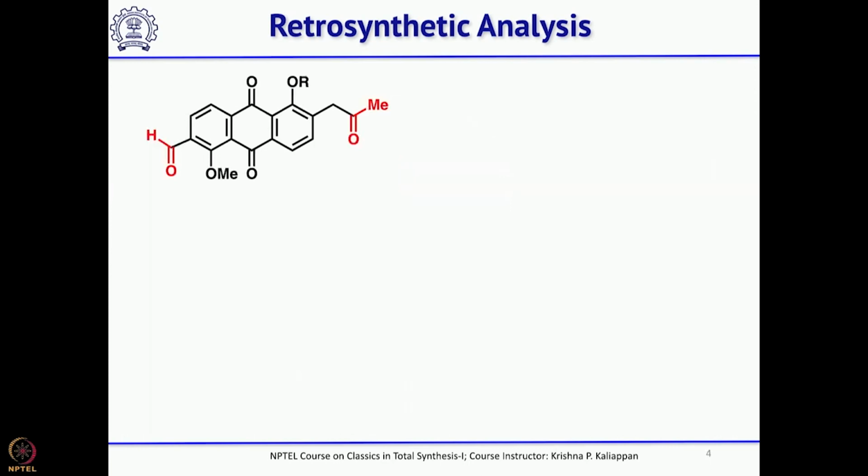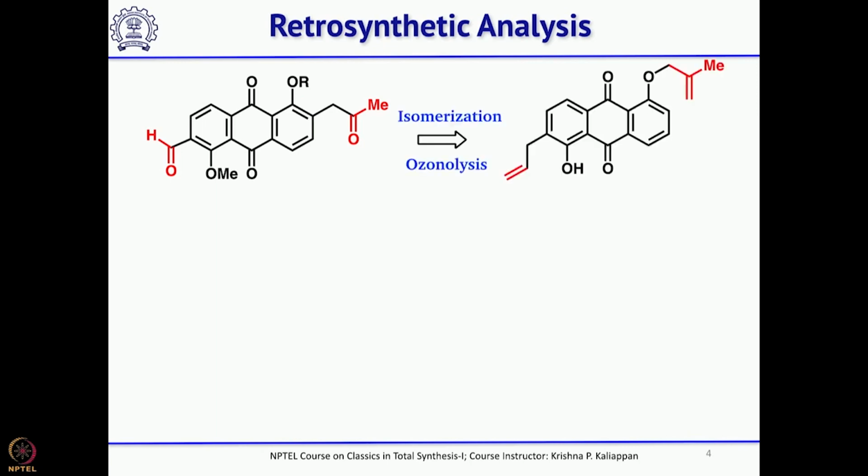You start with that aldehyde and then you do a Diels-Alder reaction with Danishefsky's diene, you get the corresponding dihydropyran. And this aldehyde can be obtained from this allyl group by isomerization of this double bond. Once you isomerize the double bond, it goes to the internal alkene, which upon ozonolysis will give the corresponding aldehyde.